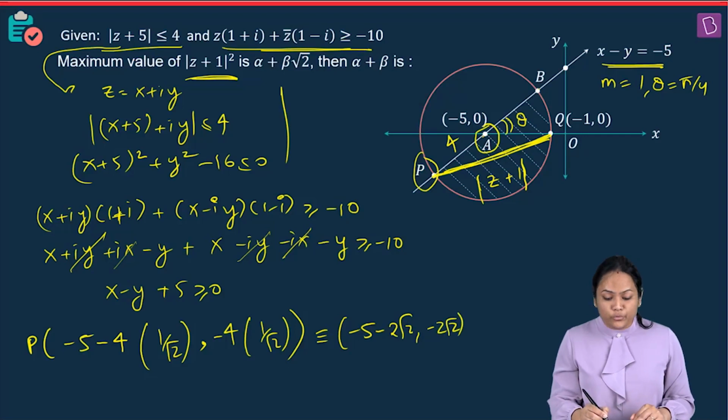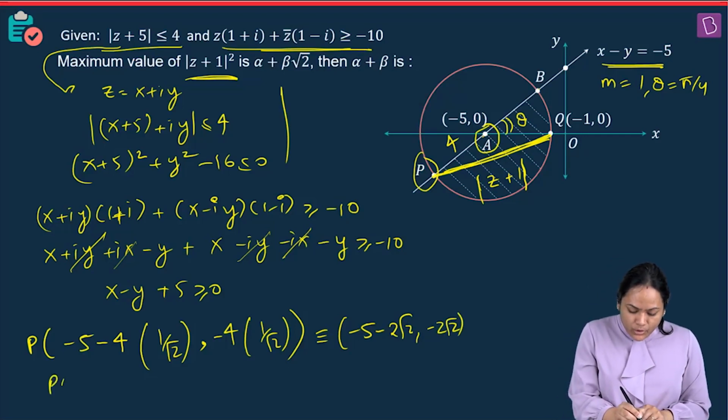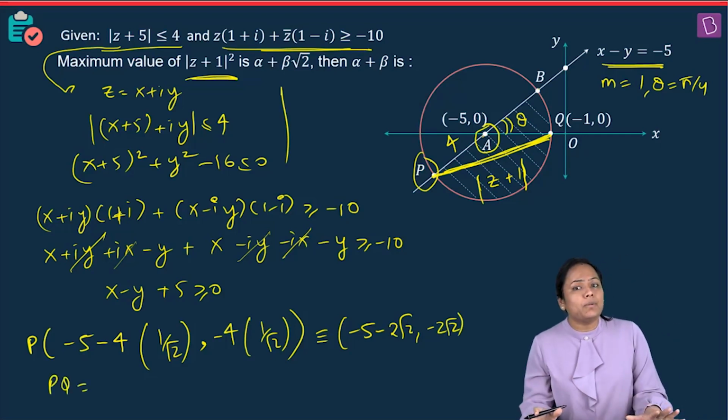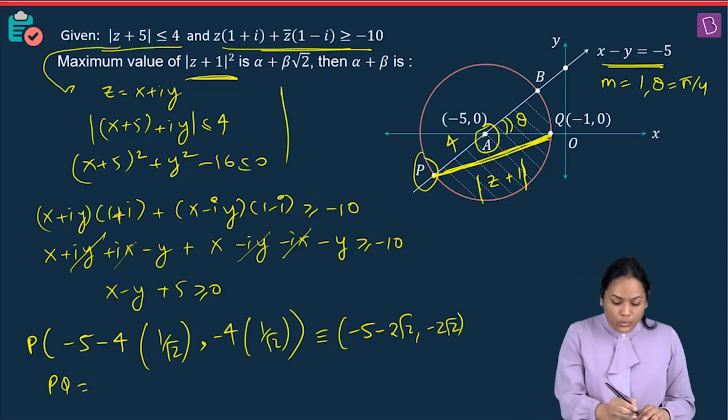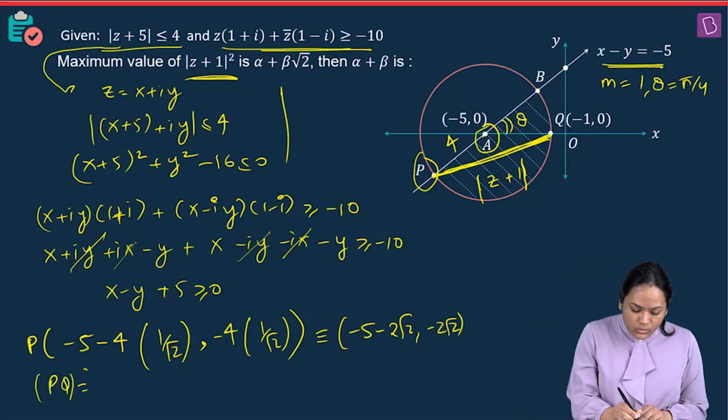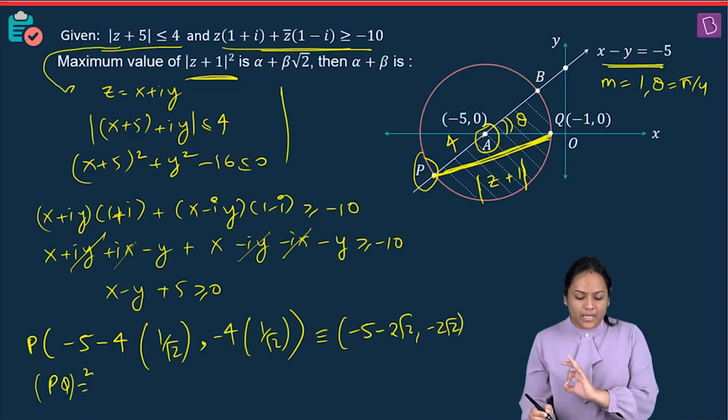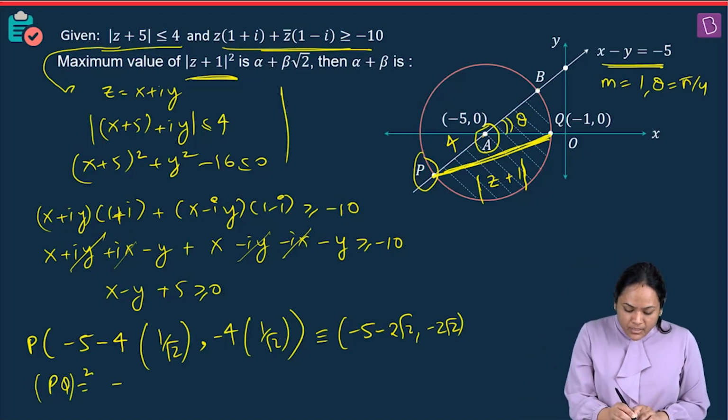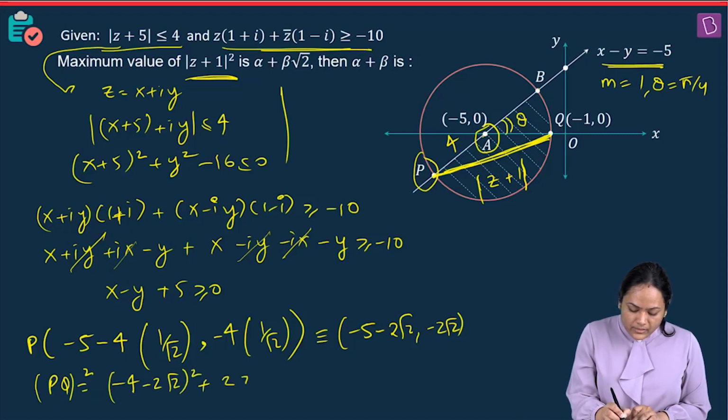And now if I want to find my PQ distance, because that is the maximum value, PQ whole square, let me find out. So my PQ whole square will become distance between P and Q, which will be minus 4 minus 2 root 2 whole square plus minus of 2 root 2 whole square.